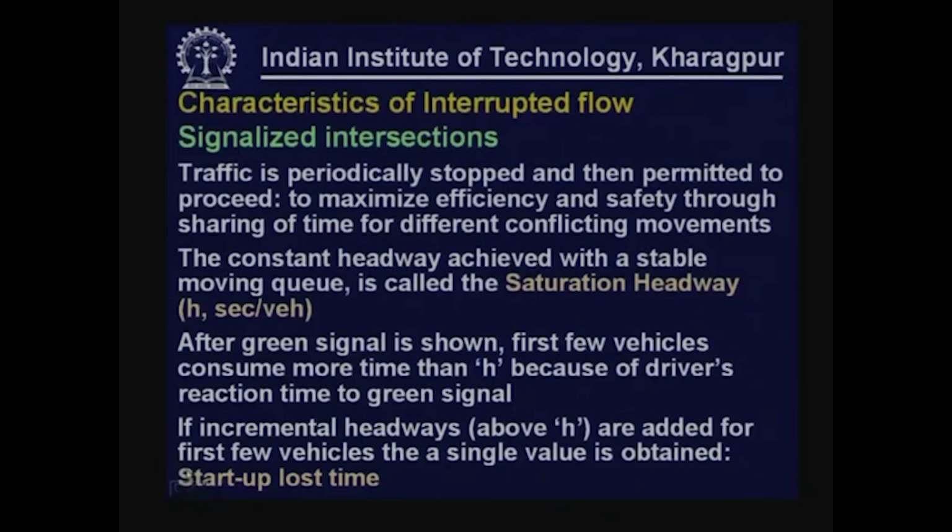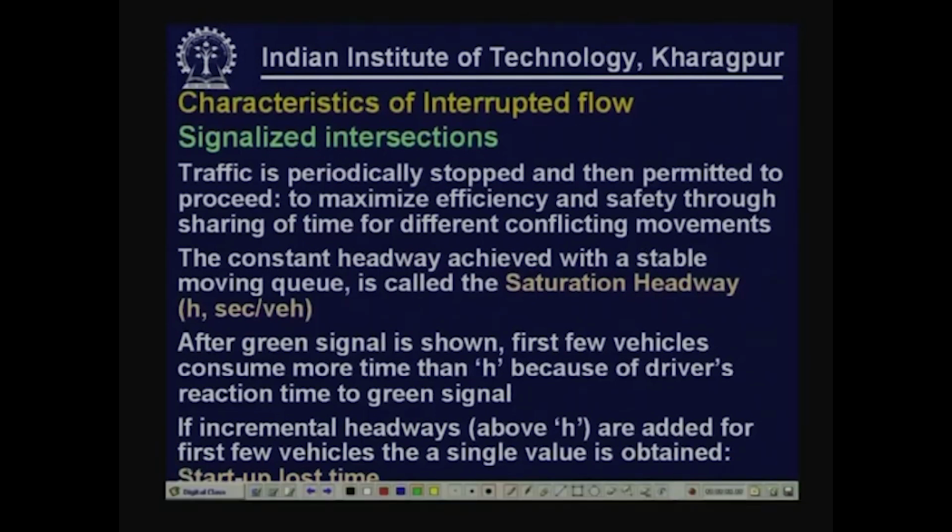We want the same space to be shared for different conflicting movements. So, we separate the conflicting movements by time. We allow some movements to take place at certain times, then we stop those movements, put red to those approaches, and then we allow other movements to occur. That way we try to maximize efficiency and safety at the same time.